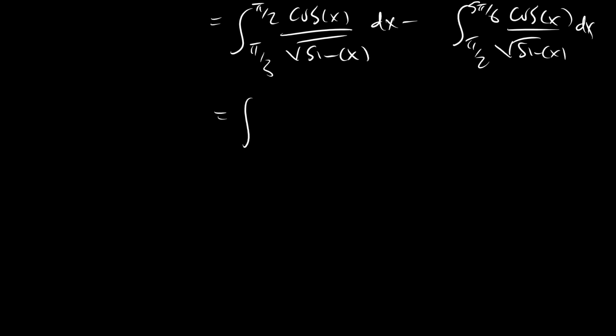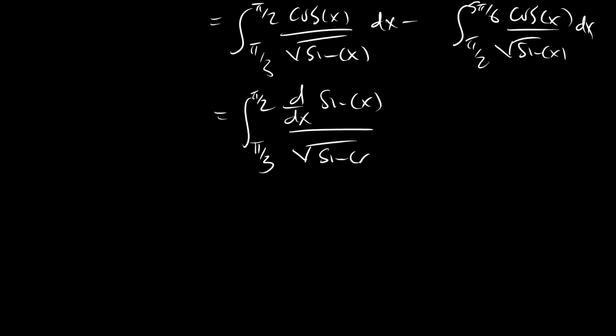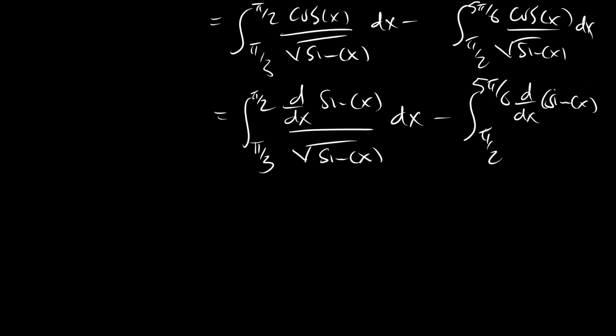This essentially means that we have, from pi over 3 to pi over 2, the derivative of sine of x in the numerator over square root of sine of x, minus 5 pi over 6. I can pretty much reverse the limits here, but I'll just keep it as it is right now.